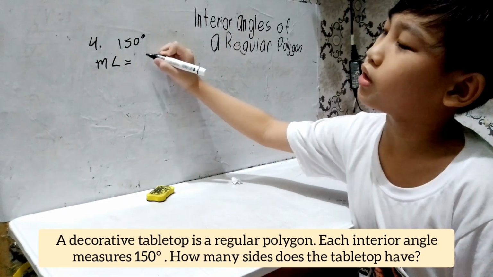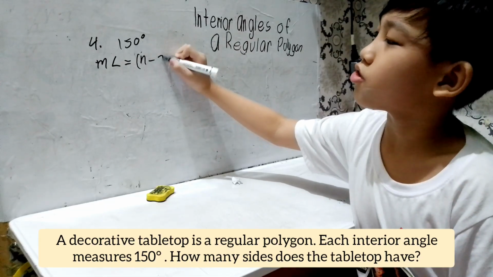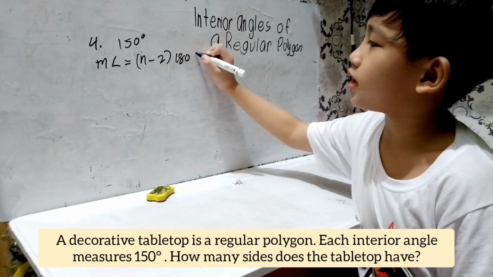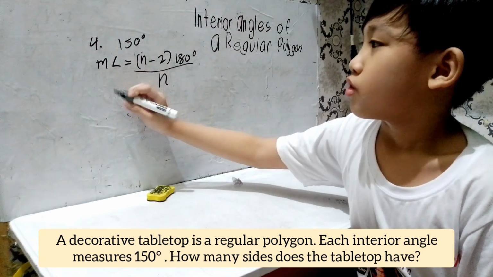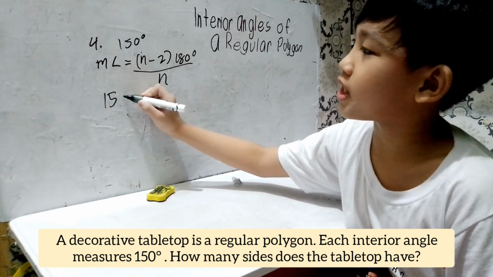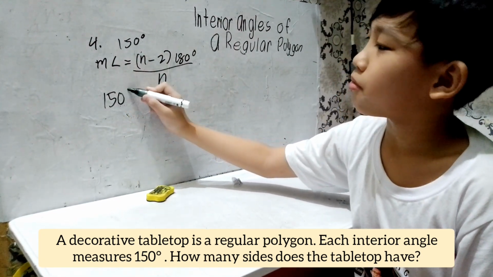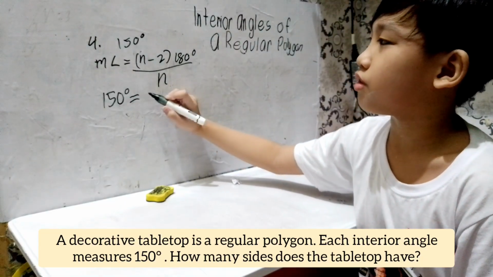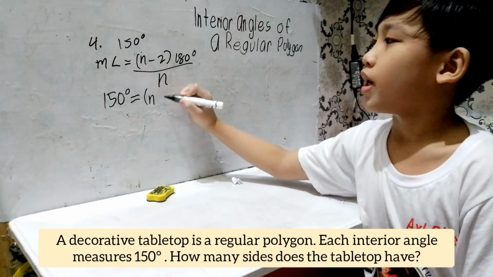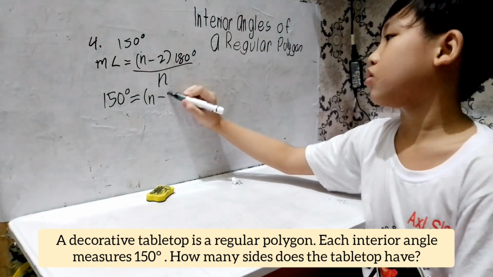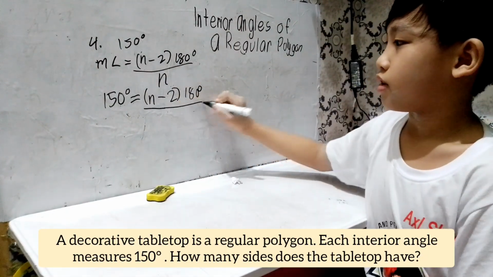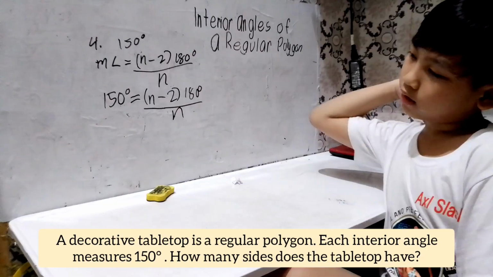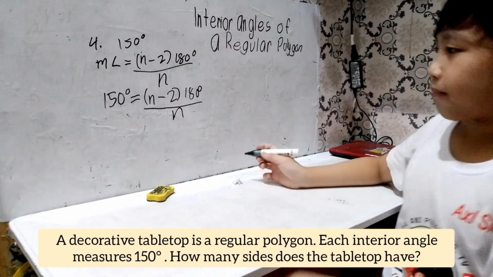The measurement of each angle is n minus 2, times 180 degrees, and then divided by n. So let's replace the measurement of each angle with 150 degrees. n minus 2 multiplied by 180 degrees divided by n.